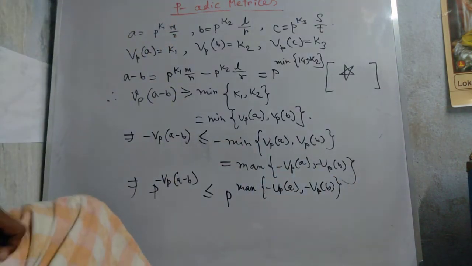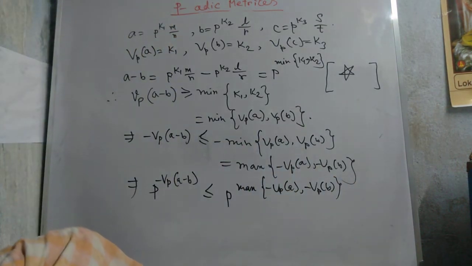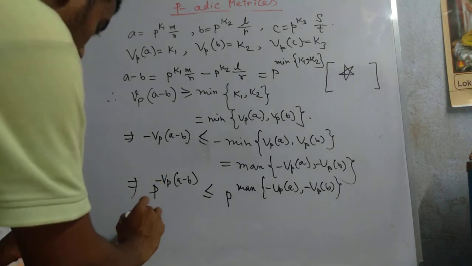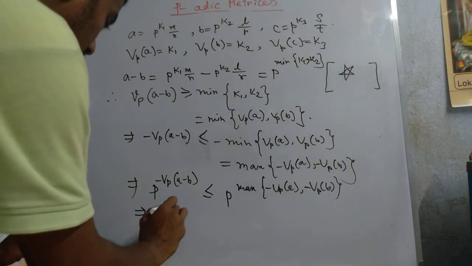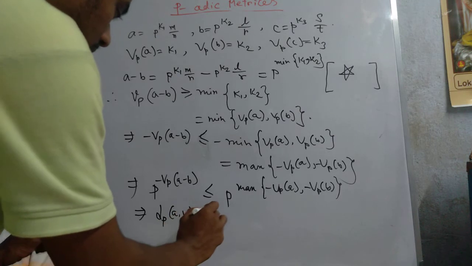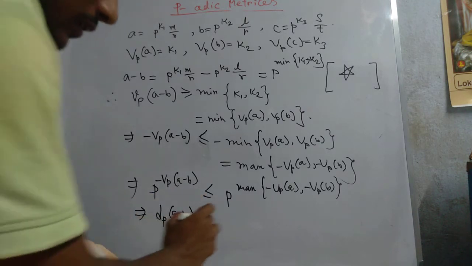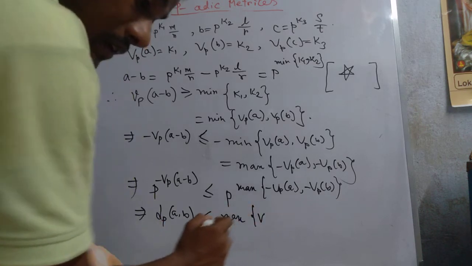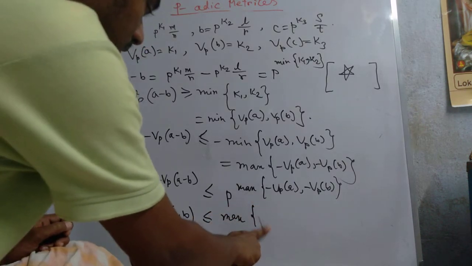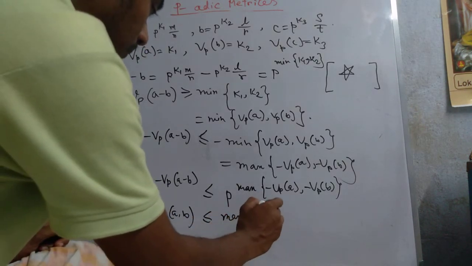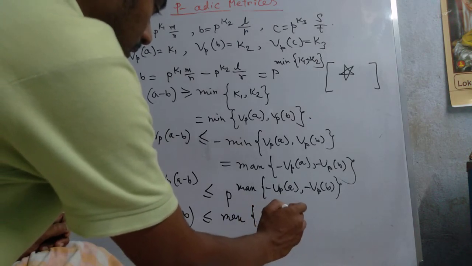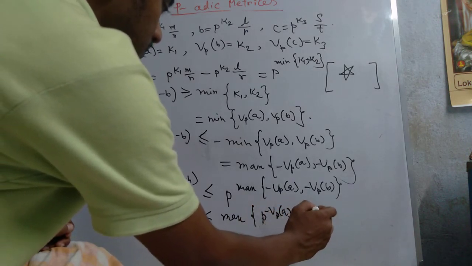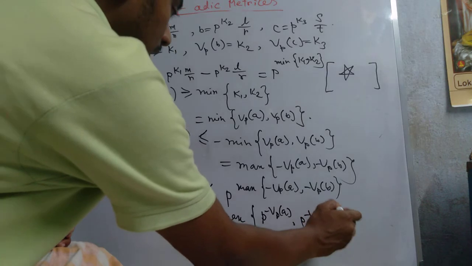Then d_p(a,b) is less than or equal to the maximum of p to the power minus v_p(a) and p to the power minus v_p(b).